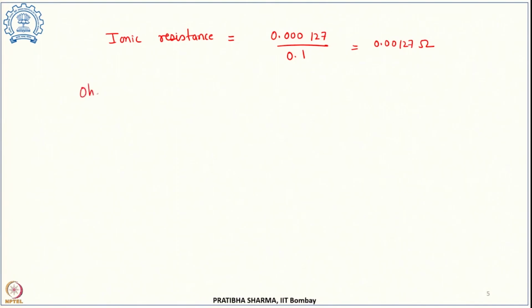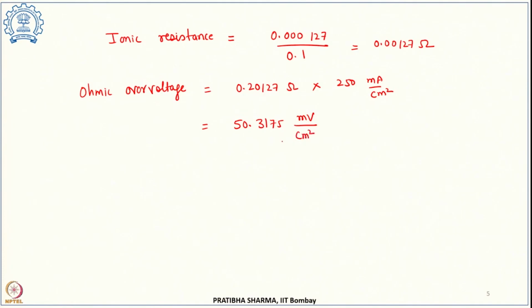And the ohmic overvoltage in that case is the sum of the two resistances times the current density, which makes it 50.133175 millivolt per centimeter square, or we can also convert it into volts.